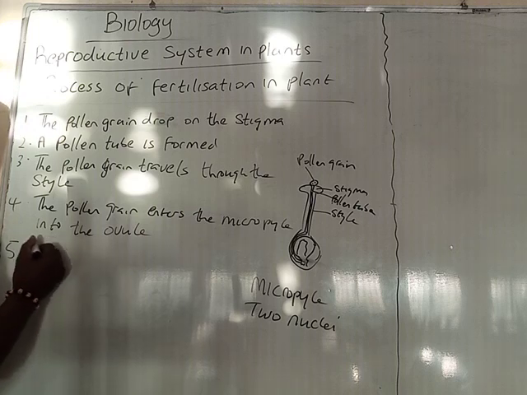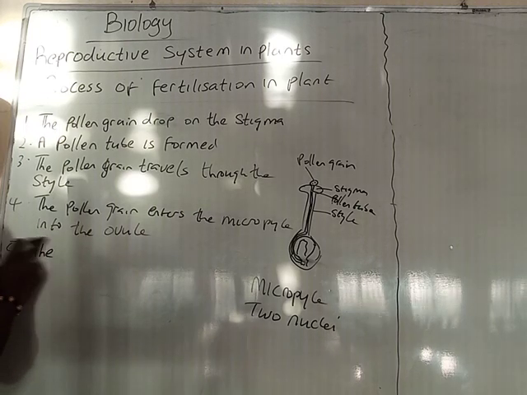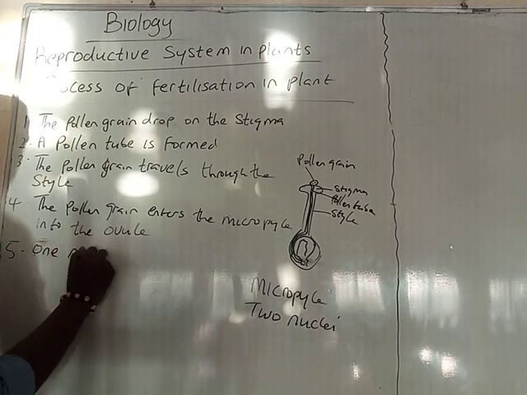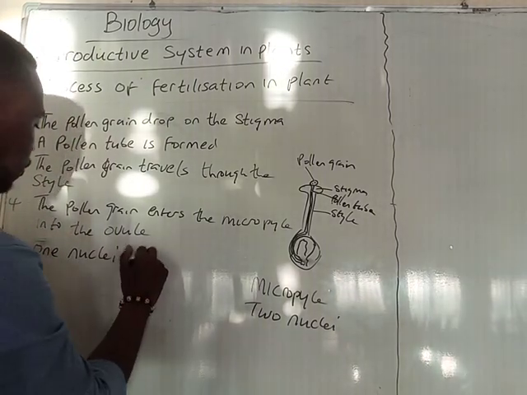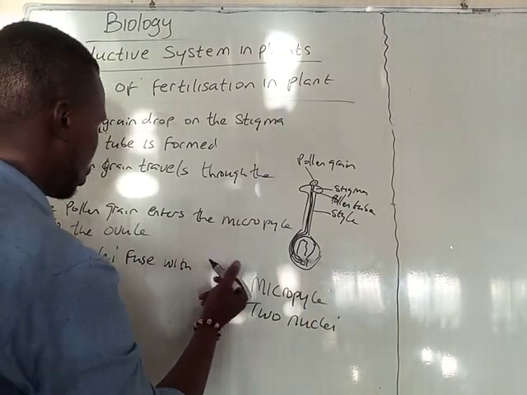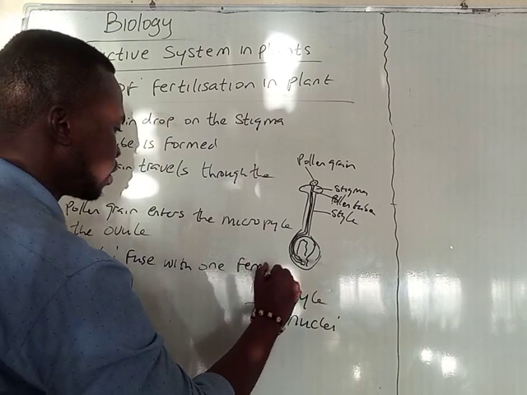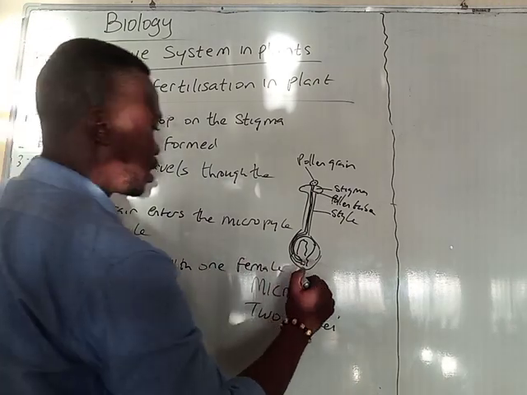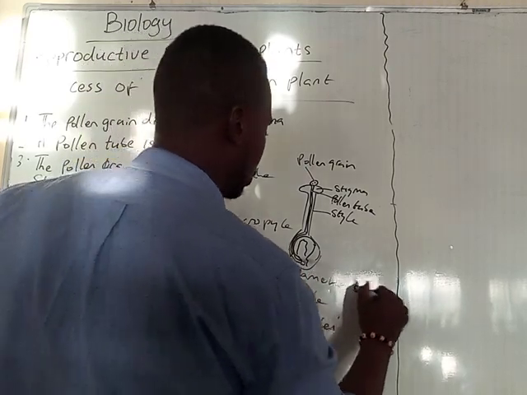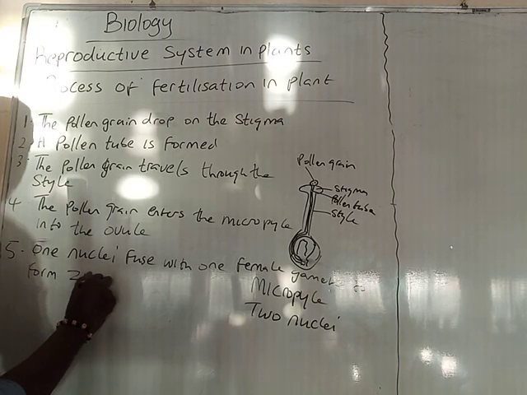Now, one nucleus fuses with one female gamete to form a zygote.